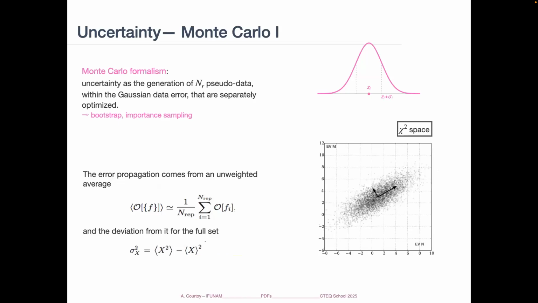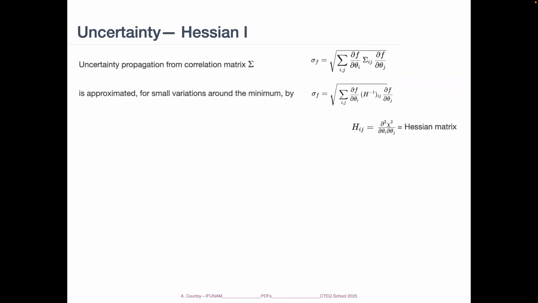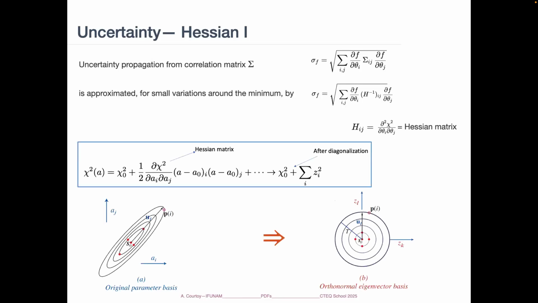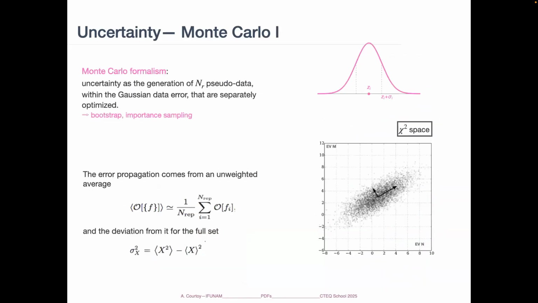So now, if you don't use the usual error propagation that you learned at some point, well, I hope you learned that, I mean, perhaps you didn't, then you can also do something different, which is called the Monte Carlo method, or the bootstrap, depending on how you want to call it. For each data point that you have, with its uncertainty, instead of finding the central value of your fit and propagating the uncertainty, you generate pseudo data.